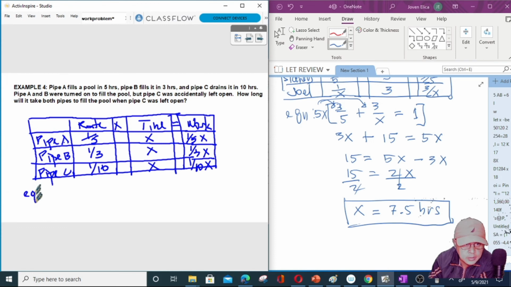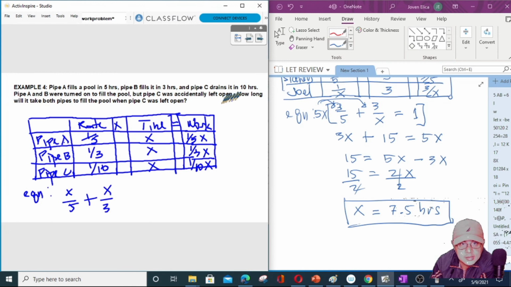Now from the given table, let's get the equation. Just get the sum and equate this to 1. Always remember, we should always equate to 1 to get the whole. Work done is always equal to 1. So this is x over 5 plus x over 3.